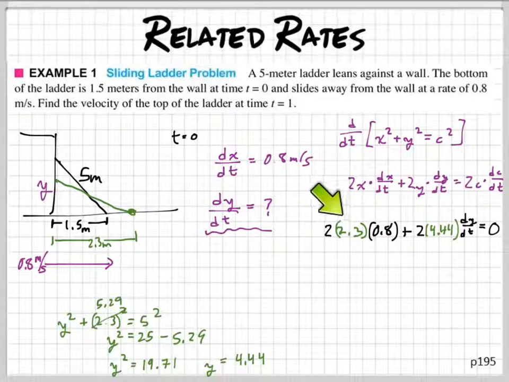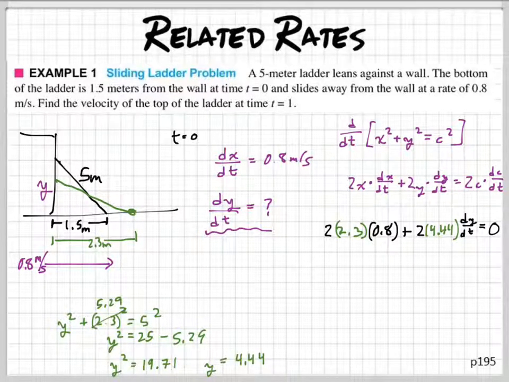Now what you have to do is algebra, guys. Multiply these together, move it over to the other side, and divide it by that. We should get a negative rate because it's going down. Can you guys multiply this together? Tell me what you get.